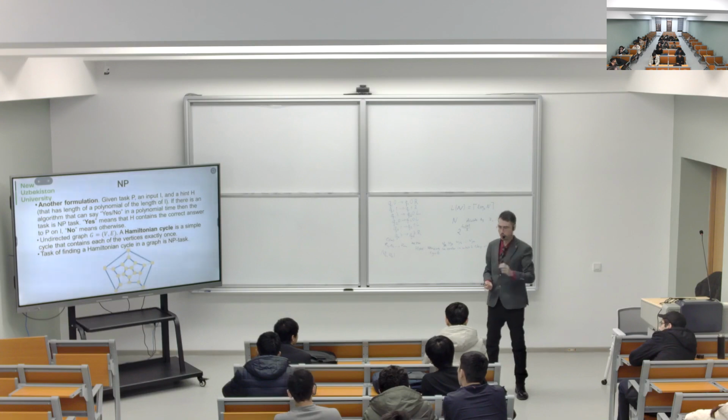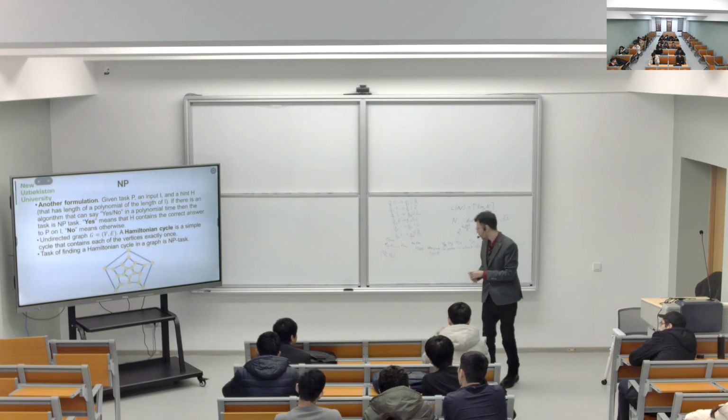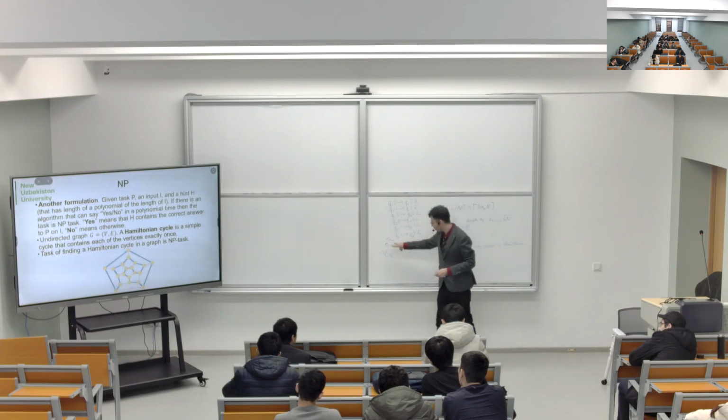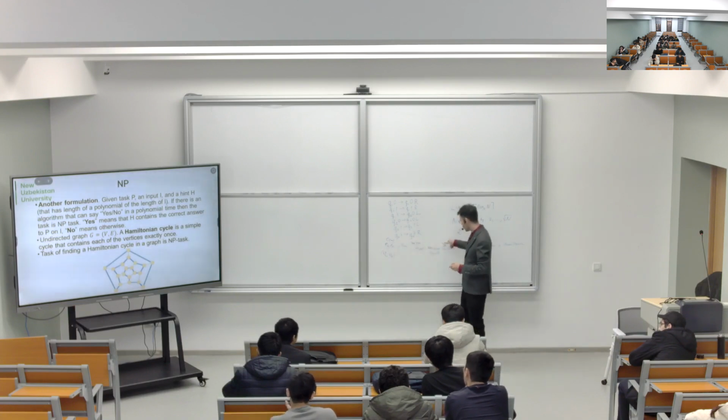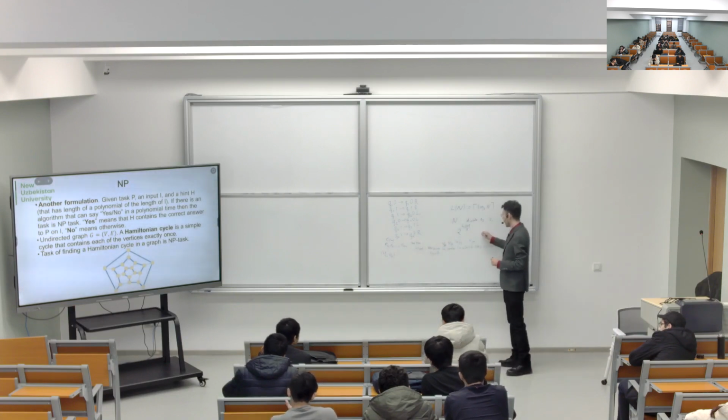So I will lose like m operations for each pair. Yes? I need m operations to check each pair. And I have n pairs and m operations. Yes? So then I wanted also to check if they are all different. So it will be n squared.